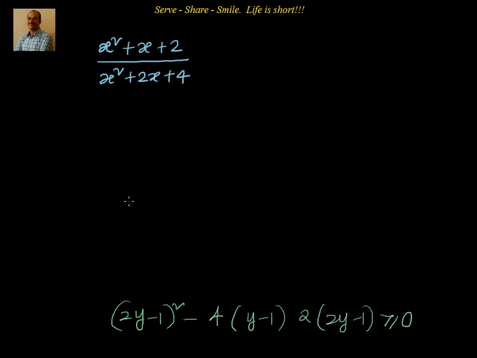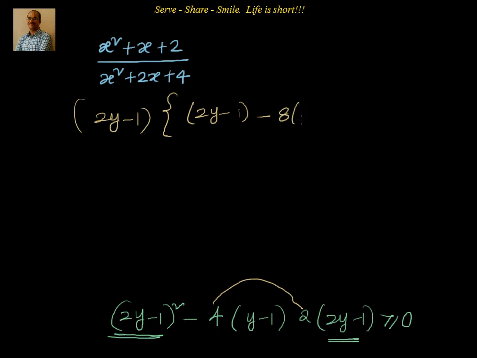Let's simplify this. So I see that 2y minus 1 is common. So why can't I take 2y minus 1 out? If I take 2y minus 1 out, I am left out here with 2y minus 1 minus of 4 2's are 8, 8 into y minus 1 should be greater than or equal to 0.